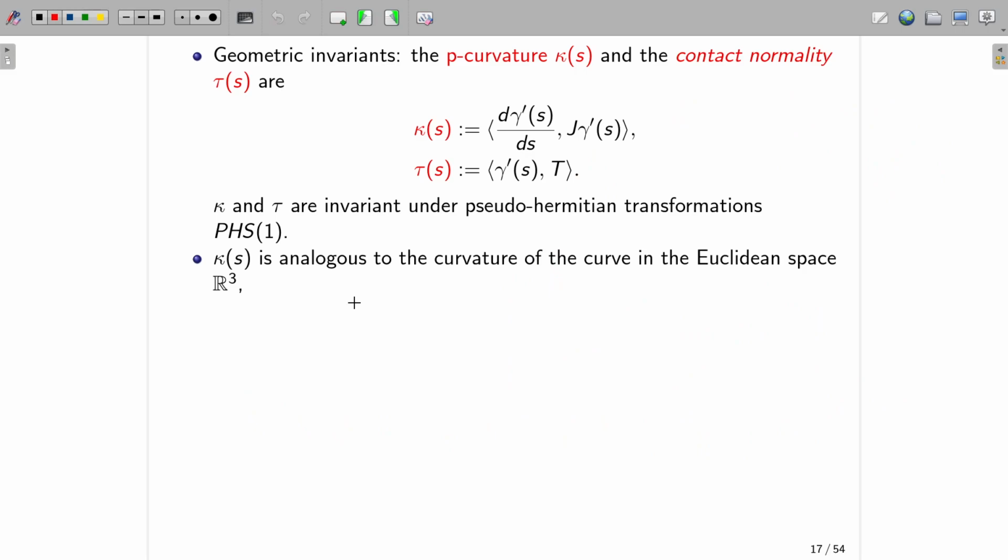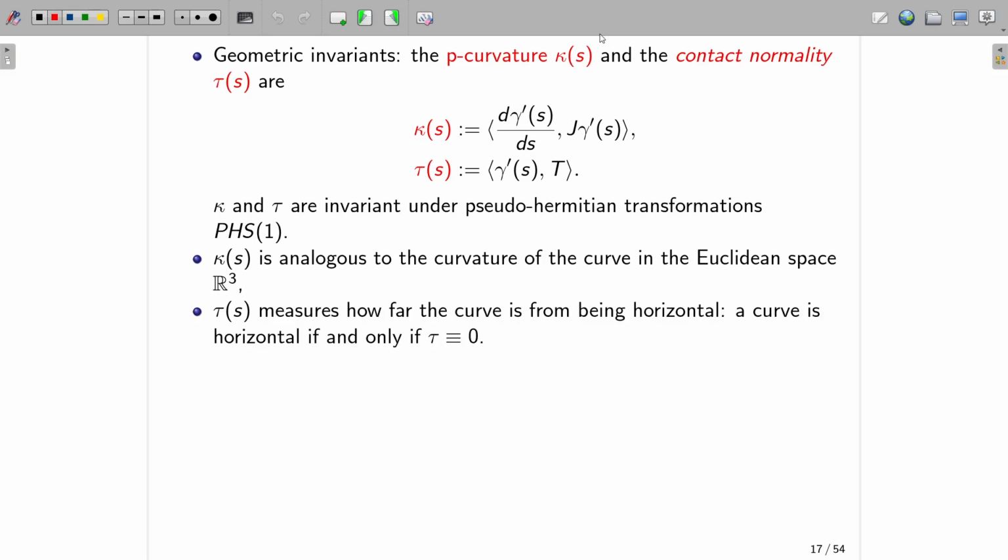The kappa is analogous to the curvature of a curve in Euclidean space R3, because it involves the second derivative of the curve. The only difference is that it doesn't take the inner product with itself, just with the other one. And tau measures how far the curve is from being horizontal.